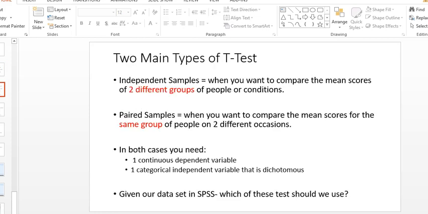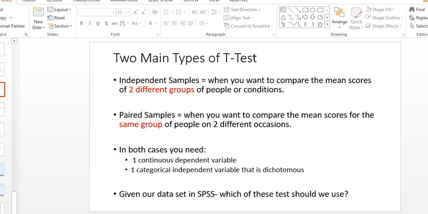There are two main types of t-tests that you will most likely encounter. The first one is an independent samples t-test, and that's where you want to compare the mean score, the average score, so we're talking about a continuous variable, or a variable that is at the ratio level, of two different groups of people or two different conditions.